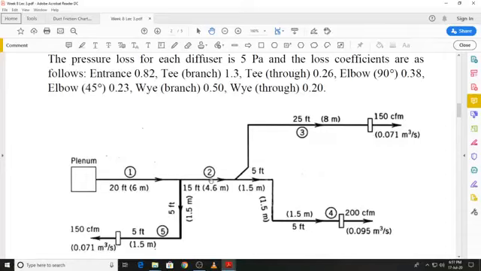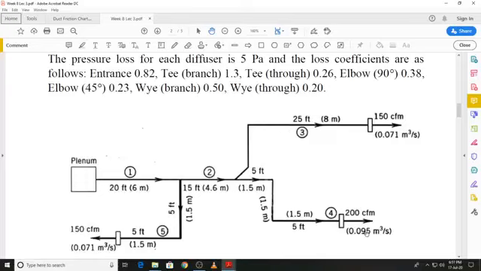So in segment 2 the volume flow rate will be the sum of these 3 minus 0.071, that means the sum of the other two values 0.071 and 0.095. And then finally when we go into the other segments, over here the volume flow rate will be 0.071 in segment 3, in segment 4 it will be 0.095.